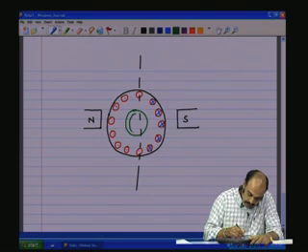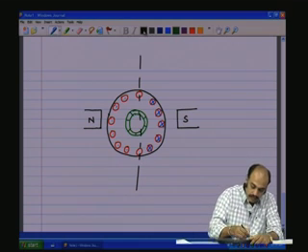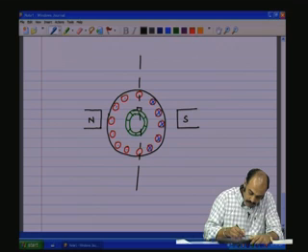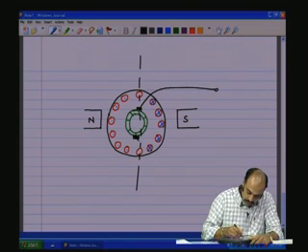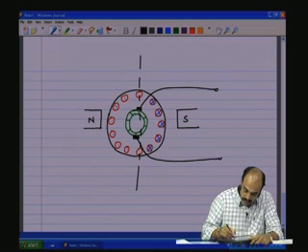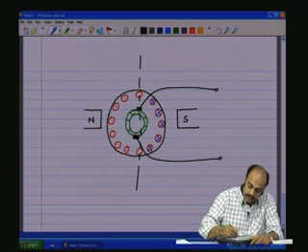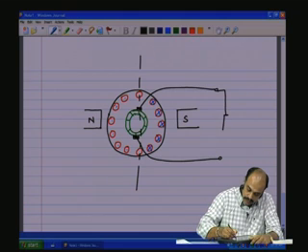So, the armature conductors are connected to the commutators, and through the brushes we see that the external circuit is connected.